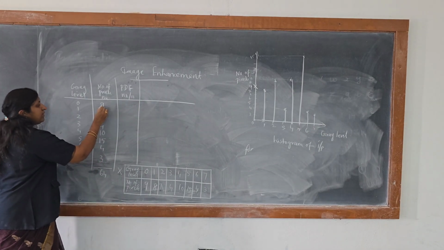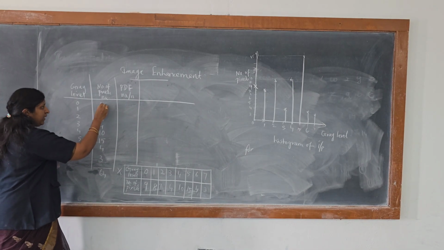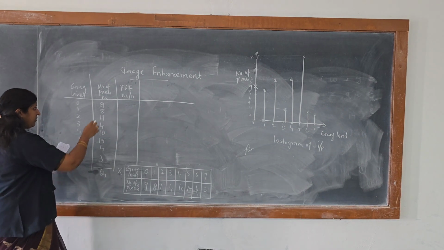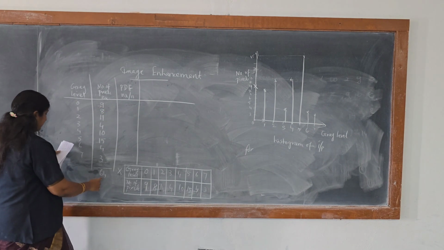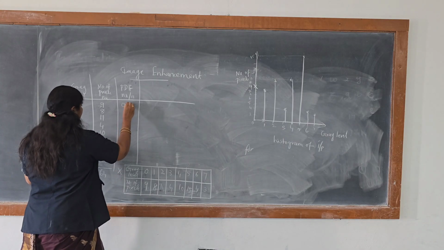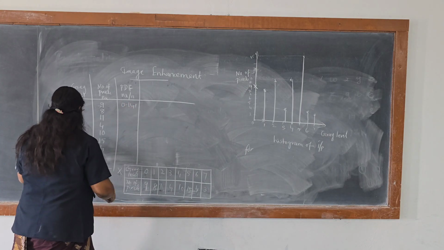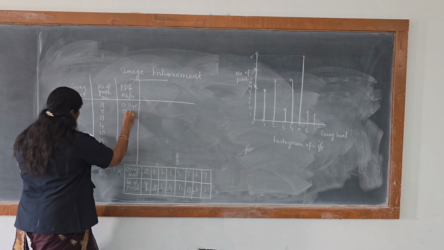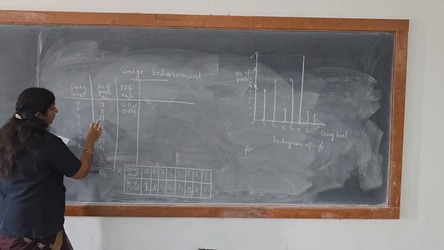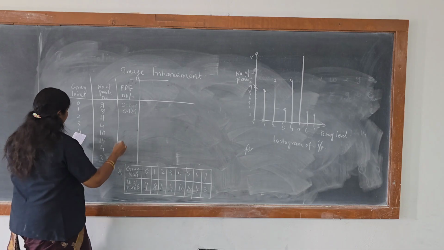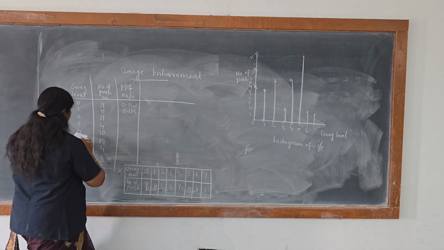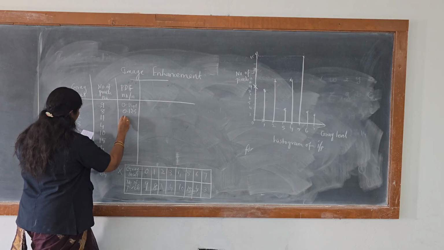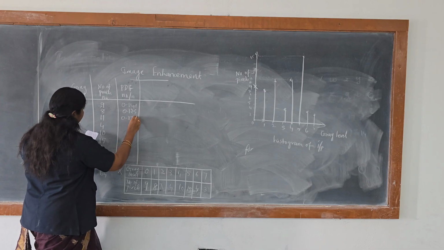So we can calculate the probability distribution function using the formula nk by n. This is the nk value. If you divide this value by 64, you will get the PDF value. First, 9 divided by 64, you will get 0.141, and the second value, 8 divided by 64, you will get 0.125. The third one, 11 divided by 64, you can use a calculator, you will get 0.172.